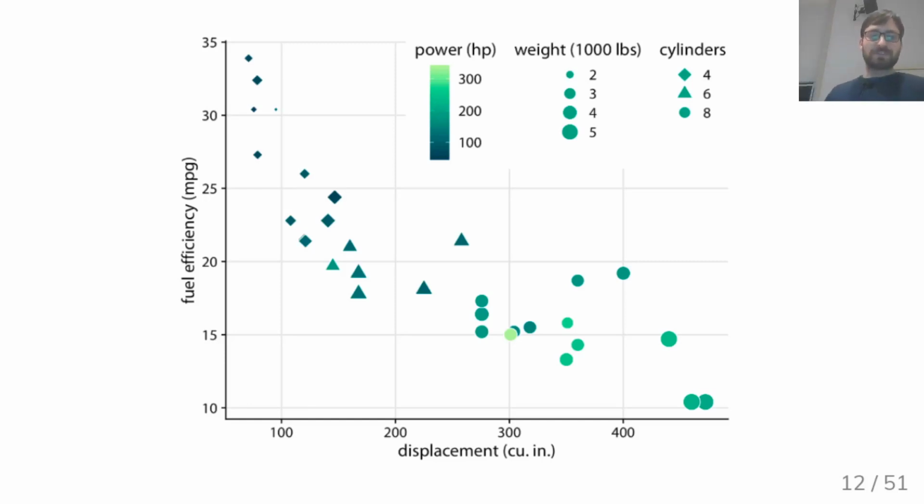Displacement is mapped to the x-axis, fuel efficiency is mapped to the y-axis, horsepower is mapped to the hue, weight is mapped to the size of each point or marker, and cylinders mapped to the shape of each marker.